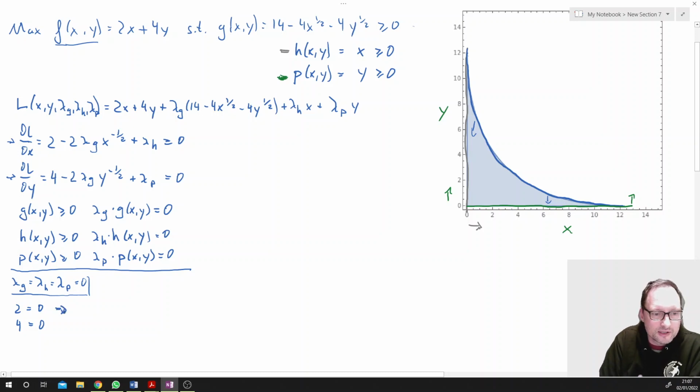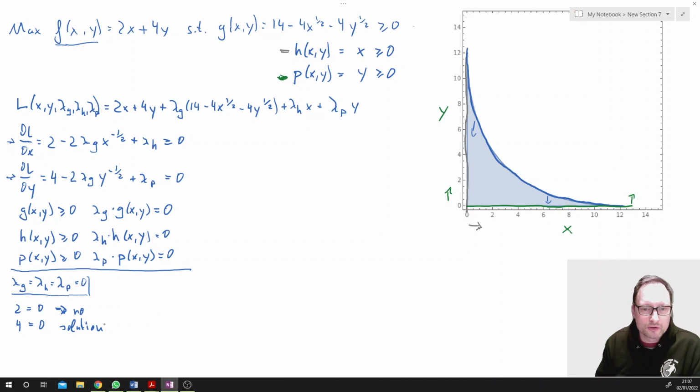So that means there is no solution here. And remember, our function is just a linear plane. We know that if we don't impose a constraint, there is no solution. So you could have told this right from the start, but we've just done it formally. So in that shaded area, we won't find the solution to our problem.